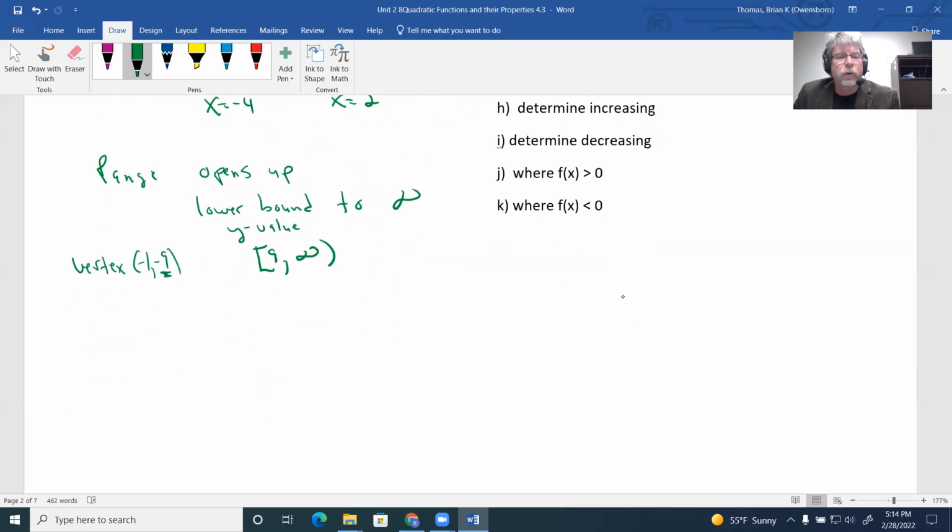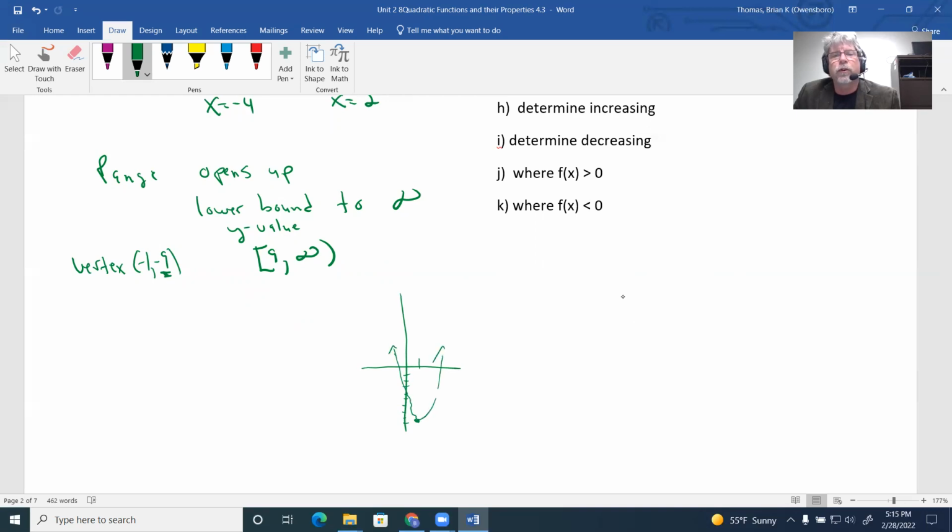So if I make a rough sketch of this, at -1, -9, this graph is opening up. So as a rough sketch, this graph is kind of doing this.